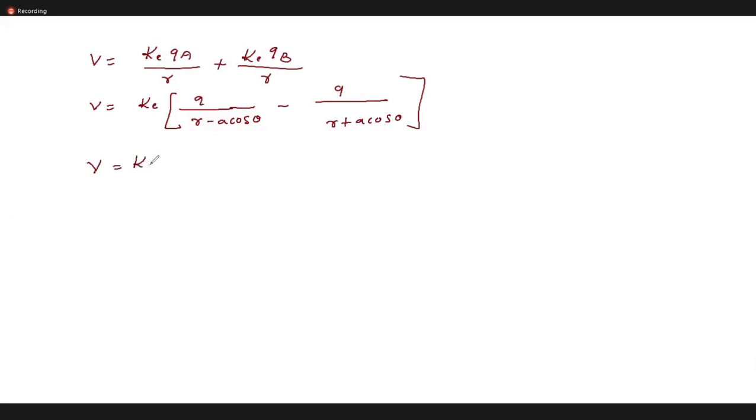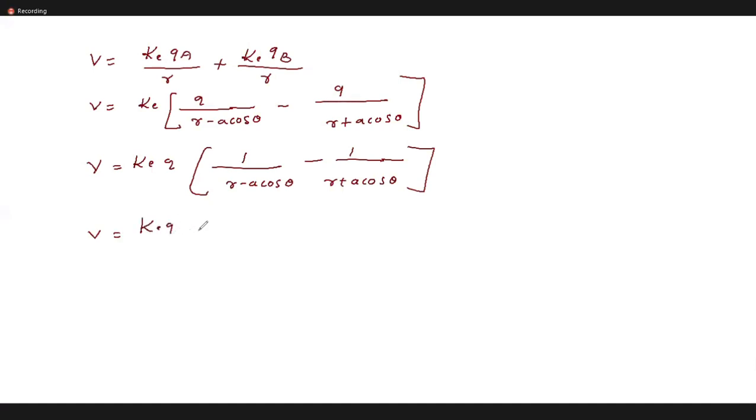Then V is equal to KQ, 1 by R minus a cos theta minus 1 by R plus a cos theta. So take the LCM here. R plus a cos theta minus R, minus into minus becomes plus a cos theta.